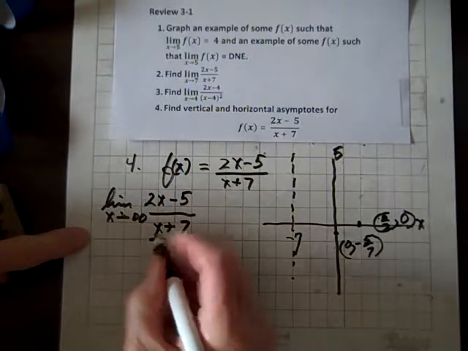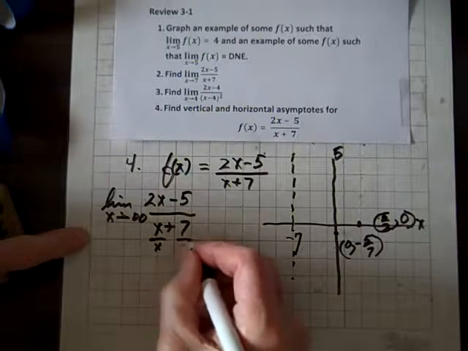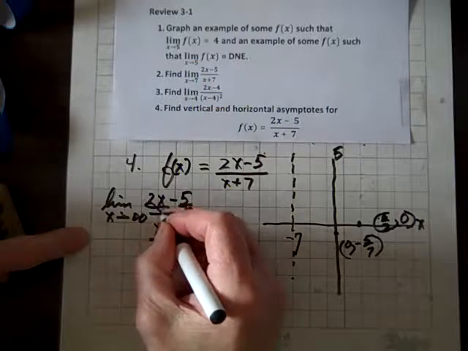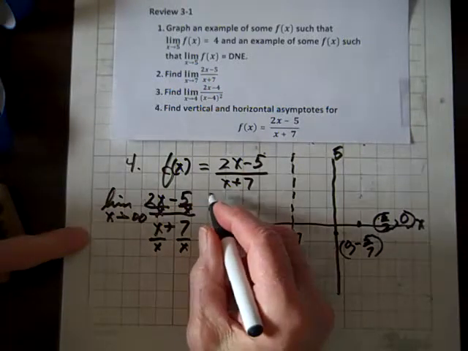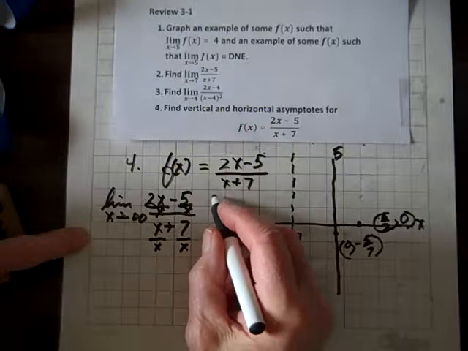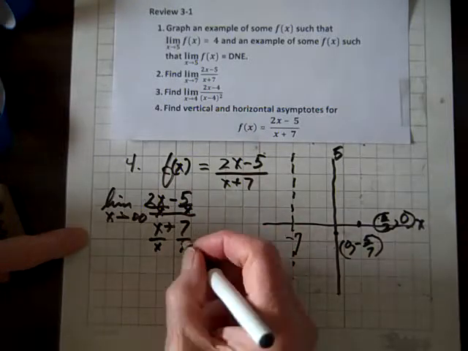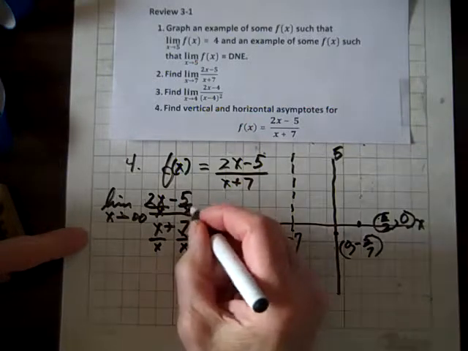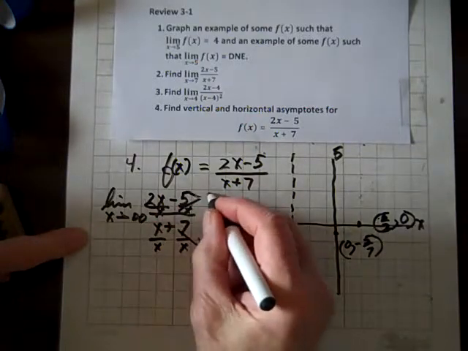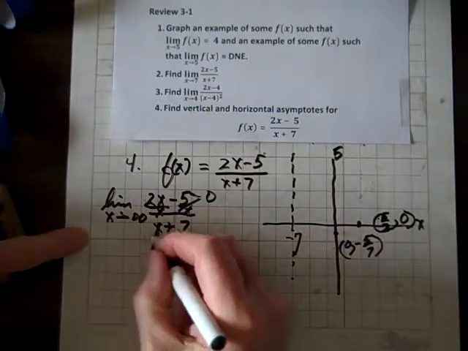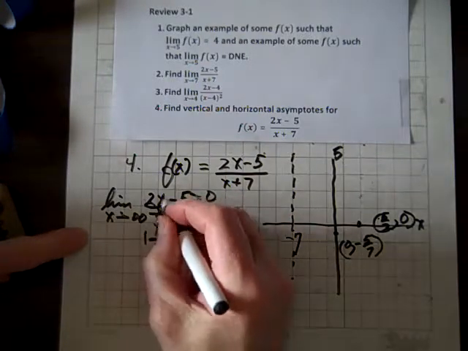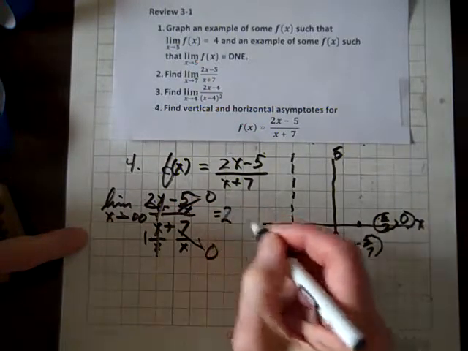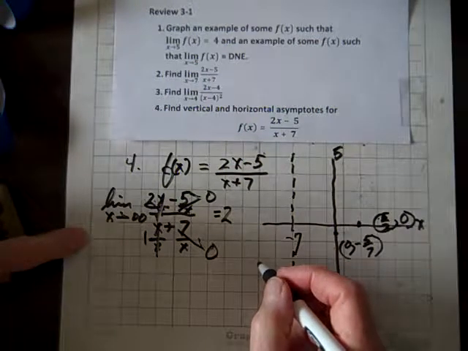So I'm going to divide every component by x to the first. In other words, I'm multiplying numerator and denominator by 1 over x. Now, as x goes to infinity, that's going to go to 0. As x goes to infinity, that's going to go to 0. These divide out and you just get a 1 here. These divide out and you get a 2. 2 over 1 equals 2. And that is the horizontal asymptote.